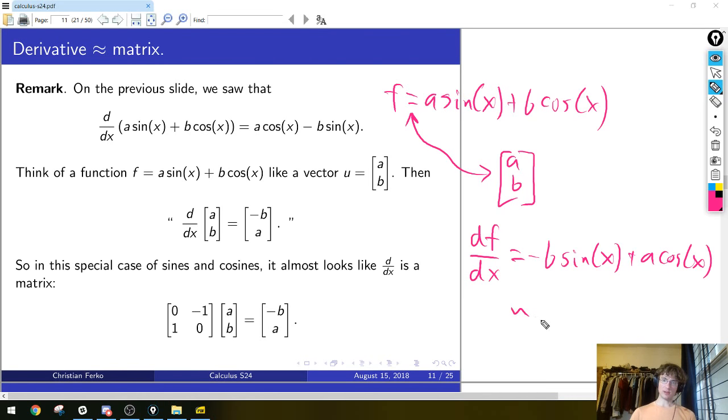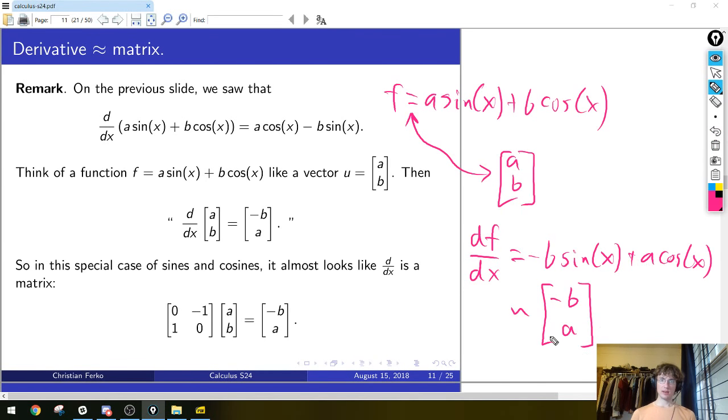I'm going to put a squiggle. It's not equal, but squiggle means related to, minus b, a. So all I've done is say, think of this function as a vector. Now think of the derivative of this function as a new function, which we can still write in this vector way by extracting the sine coefficient in the first slot and extracting the cosine coefficient in the second slot.